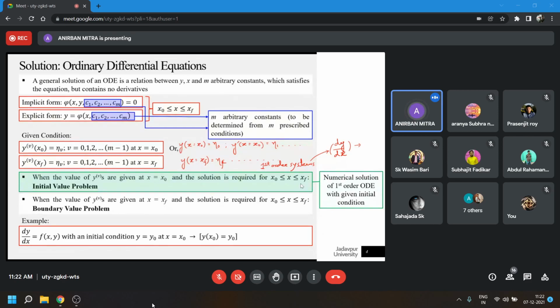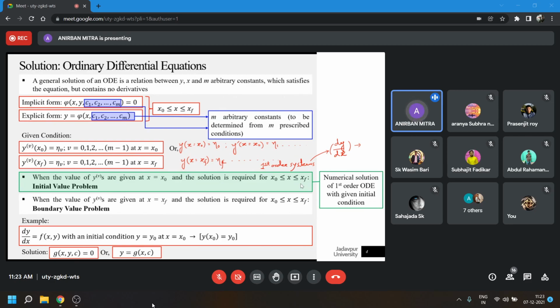And that point is in an xy plane, (x0, y0). It's an initial value problem. And the solution that we obtain would be of this form, either in explicit form, where y is equal to g, that is a function of x and a constant c, or it could be in implicit form, where g as a function of x, y, and the constant c is equal to 0.